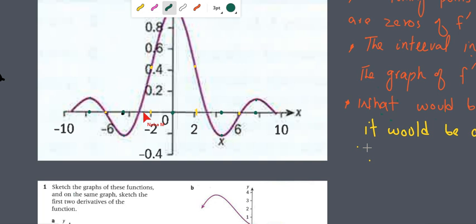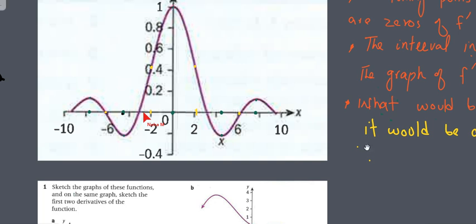And if the function is decreasing in that interval, we will get the point of inflection at that point. That's why I mentioned this one. So if it is decreasing, then what will we get?